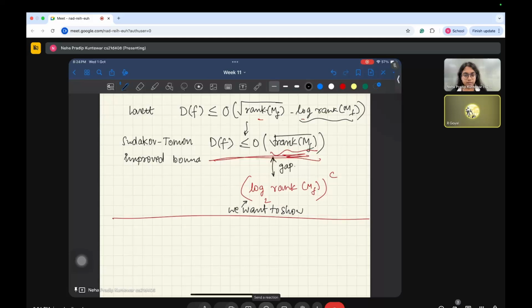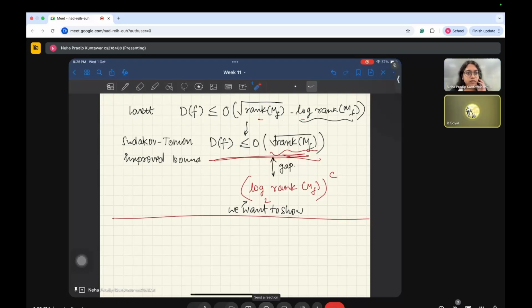And to communicate this rank, we would require the log of that rank. So, we're not really communicating the rank. It's just a bound that we have.